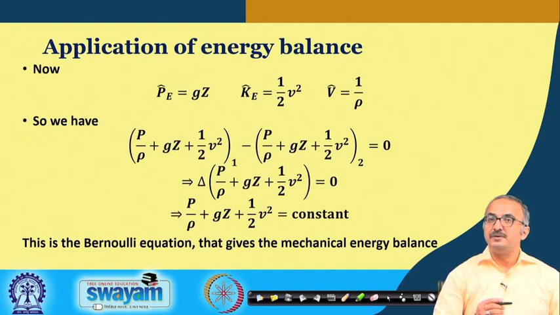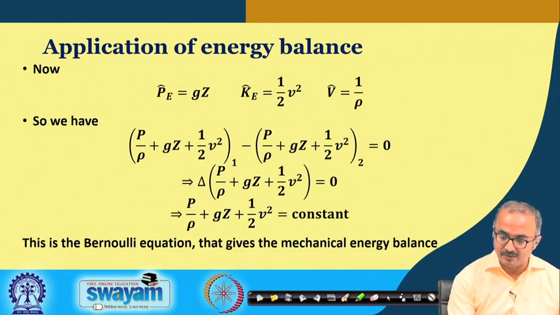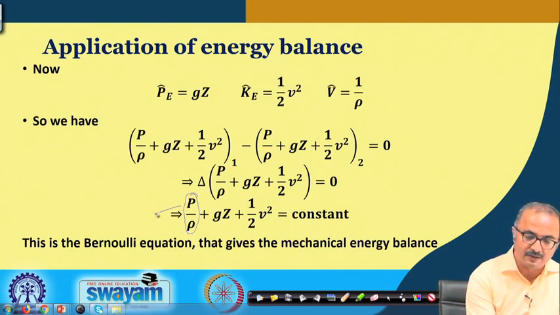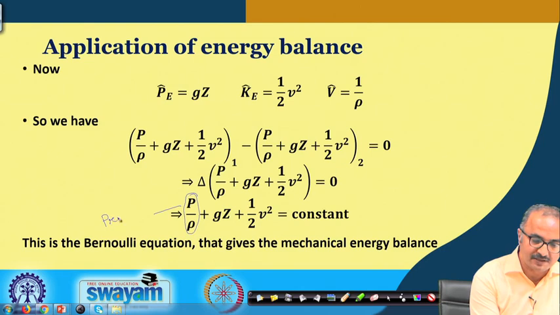Whenever we put the various forces or the energies in the length dimension, we call them head. So, accordingly, we have the various heads here. The first one, we call the pressure head. That means P by rho g is the pressure head.